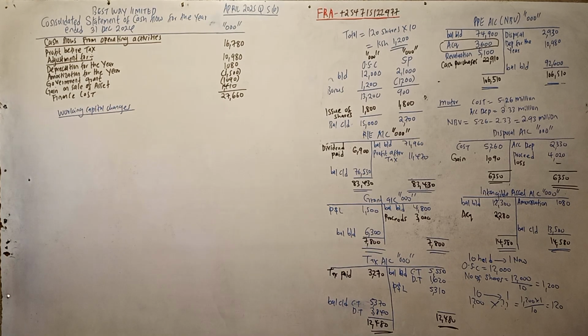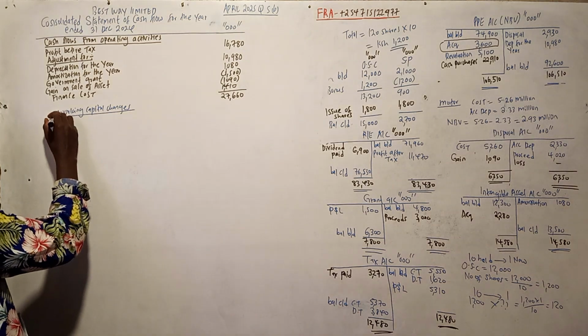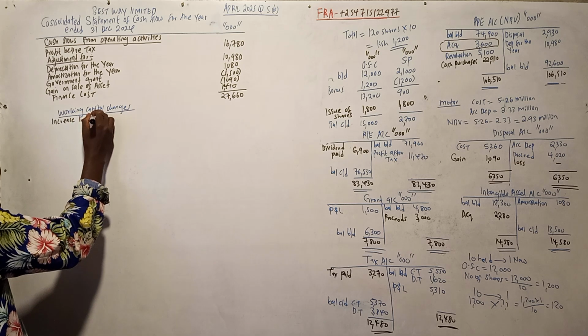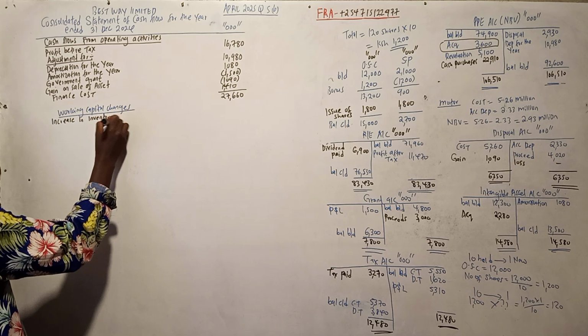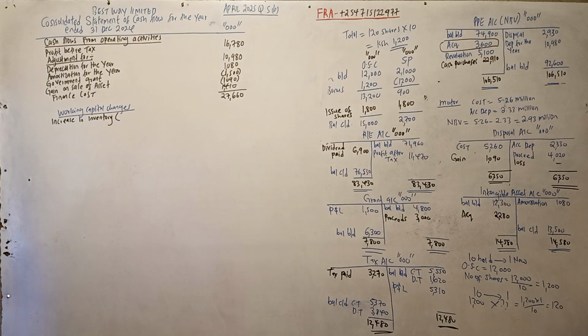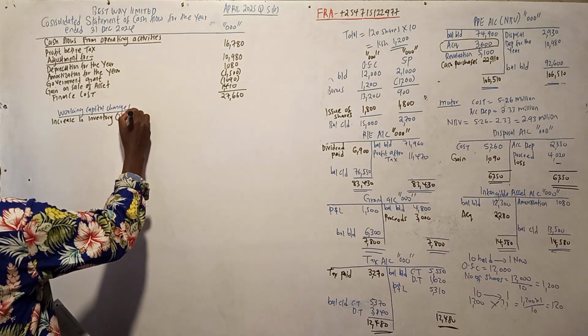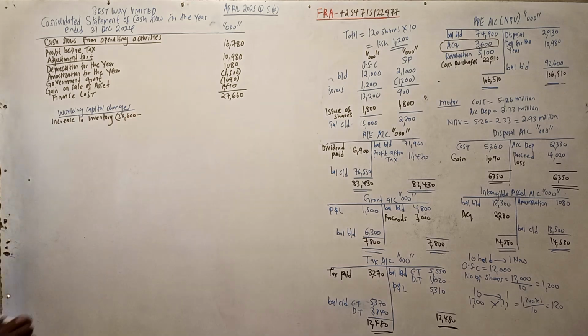From our inventory, you can see that the inventory increased from 24,890 up to 28,600. So we have an increase in inventory. Let us see the increase amount: 28,600 minus 24,890.